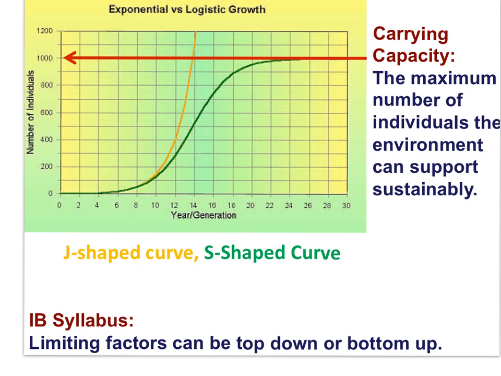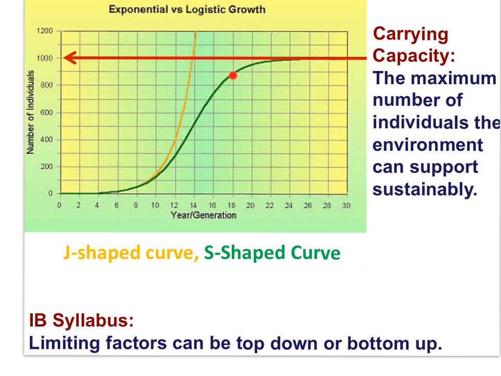In this slide, you can see the J-shaped and S-shaped curves. Hopefully you understand the nature of exponential growth, where the rate of growth increases every year due to the availability of unlimited resources. However, in the logistic model, as the population increases in size, population growth rate slows due to environmental constraints.